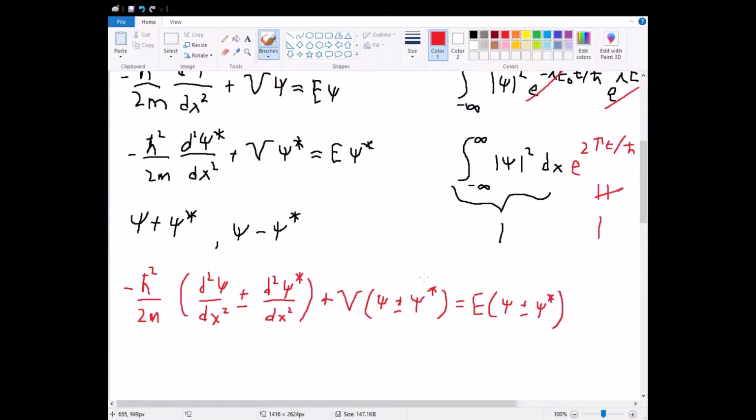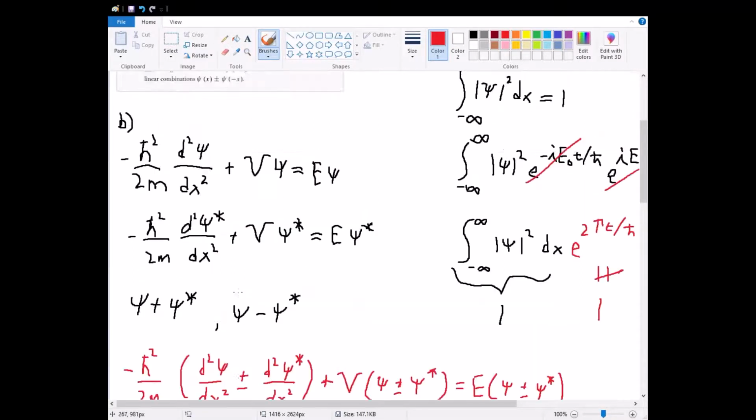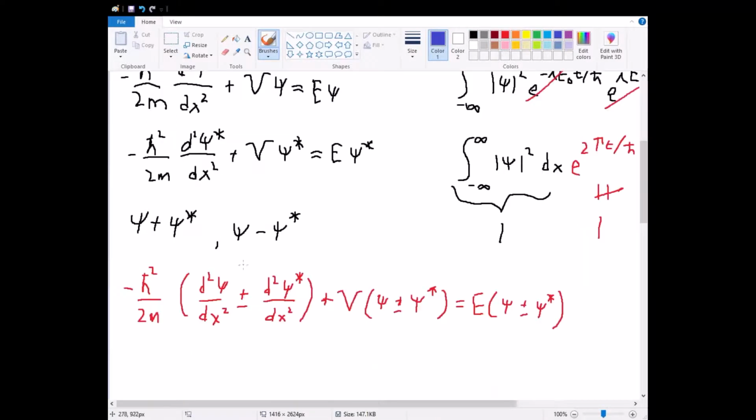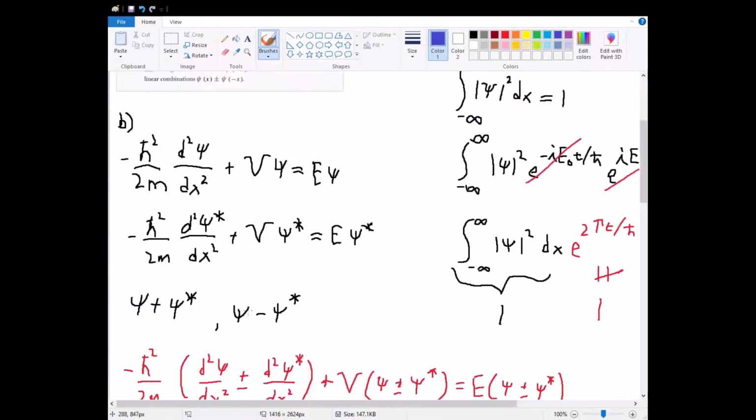And hopefully you should instantly see that this is still a true solution. If we distribute this out fully and write out our equation in full, what we're going to get is this expression plus this expression, and it's equal to these two expressions. So we just combine these two solutions together.